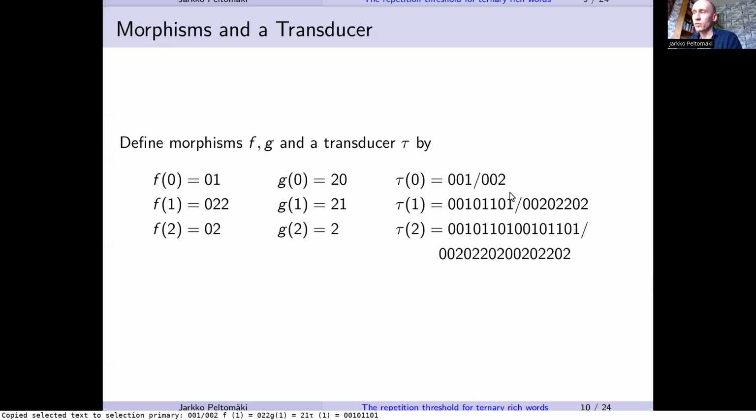And when you apply tau to an infinite word, you use the left image on odd positions and the right image on even positions. So it's not a morphism, but a transducer with two states. And the only difference between the left image and the right image for all of the letters is that you change ones to twos. Otherwise, they are the same. So you have an alternation of ones and twos if you apply this transducer.